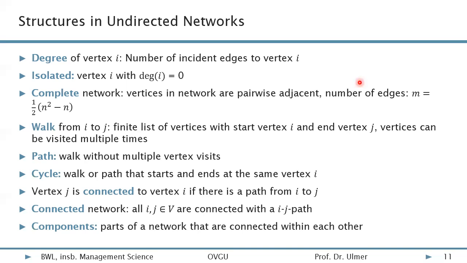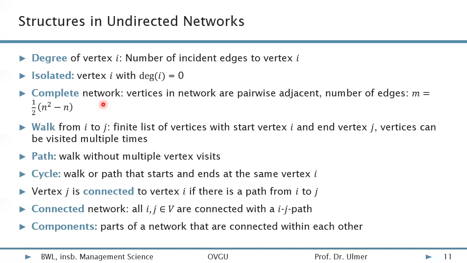If we have 2, the number of edges is 4 minus 2 divided by 2, so it's only one connection. And then if we increase the number of vertices, this number of edges increases exponentially. Or no, not exponentially, but polynomially, yeah. But it increases a lot. So a complete network gets complicated relatively quickly.